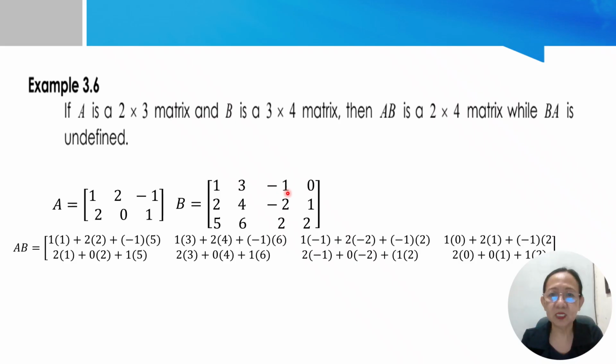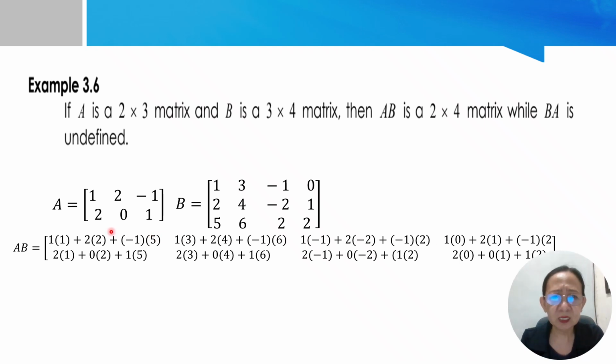And then 1 times negative 1 plus 2 times negative 2 plus negative 1 times 2 for the third column. And then lastly, 1 times 0 plus 2 times 1 plus negative 1 times 2 for the fourth column.